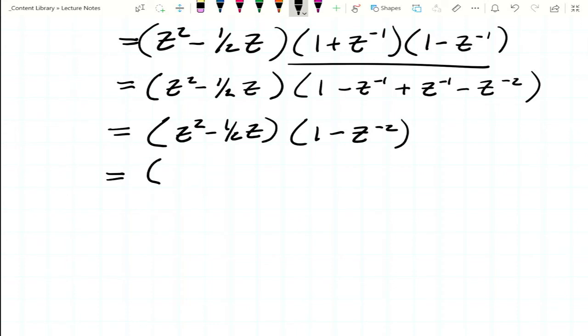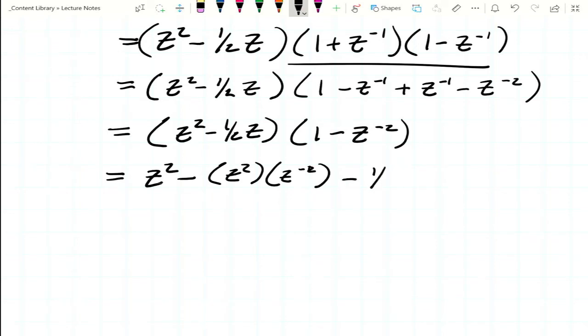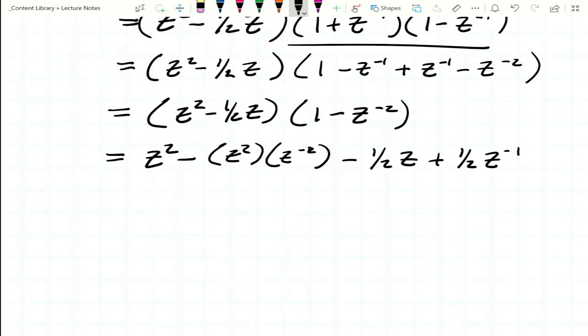And if we distribute them, we're going to have what? Z squared minus z squared times z to the negative 2 minus 1/2 z plus 1/2 z to the negative 1.